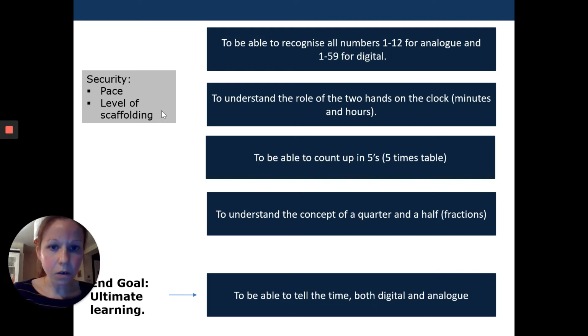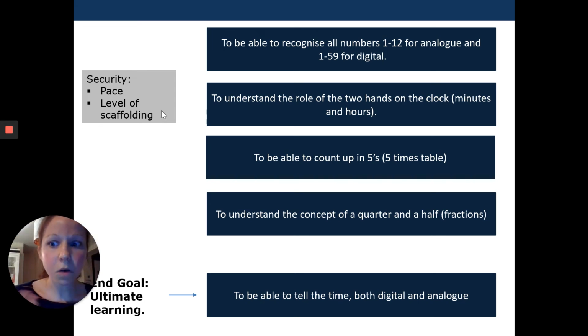And of course, alongside all of this, if we use that term that Christine Council uses that I've talked about before, the hinterland, we might talk about how the earliest people told the time before clocks, and we might talk about where the idea of AM and PM comes from, and we might show lots of different examples of clocks and watches, and we might do lots of contextual stuff like, well, what might happen at 12 o'clock and what time might we go to bed?